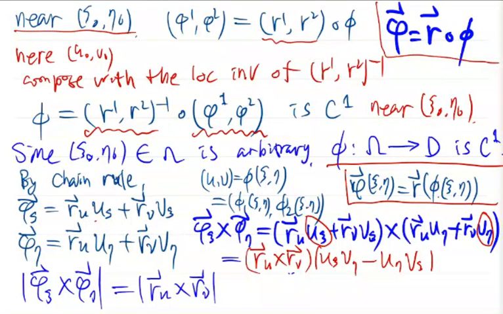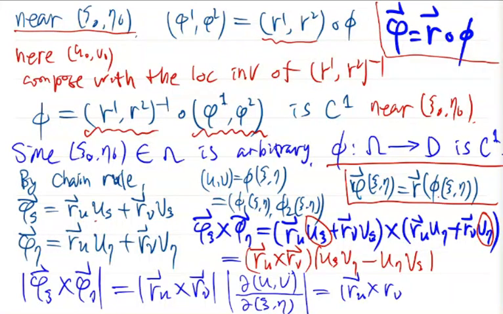The absolute value of that is precisely the Jacobian determinant of (u,v) with respect to (ξ,η).